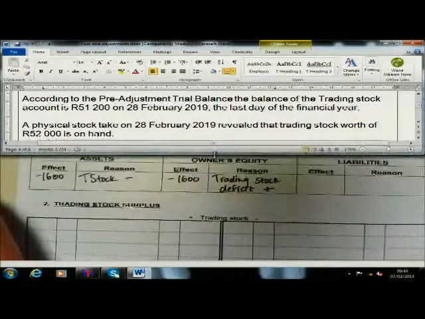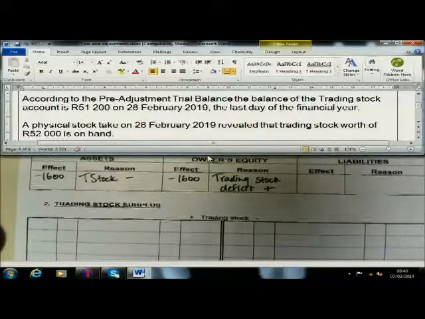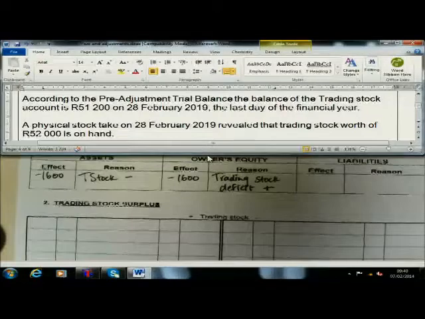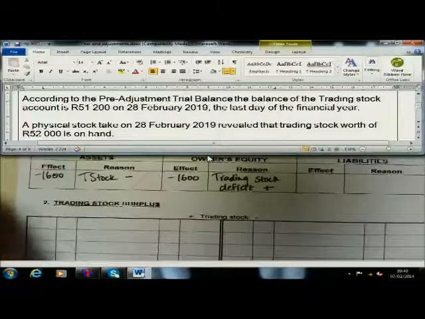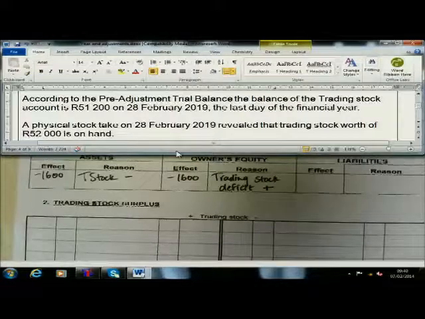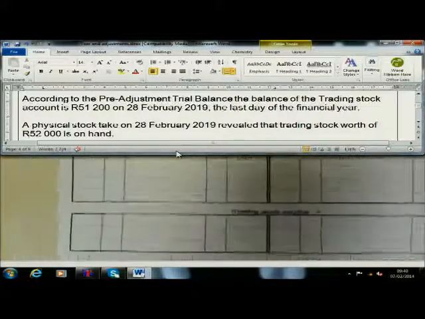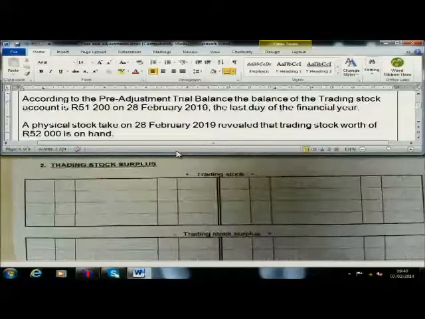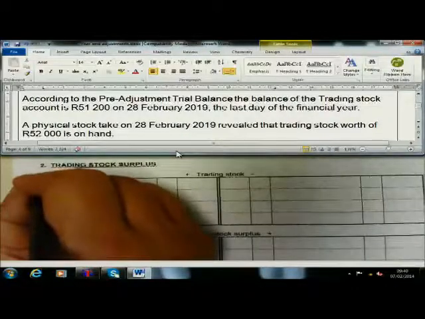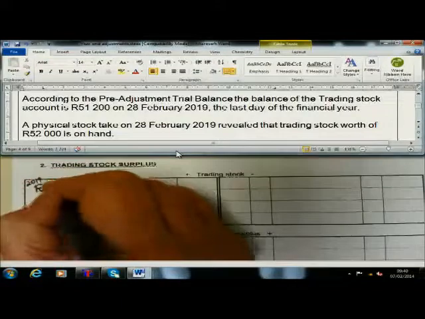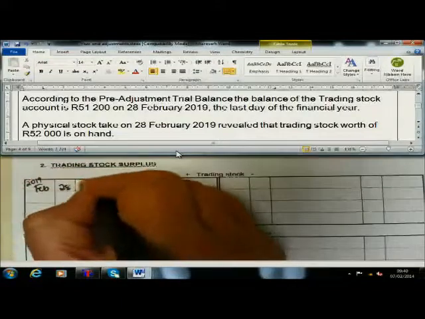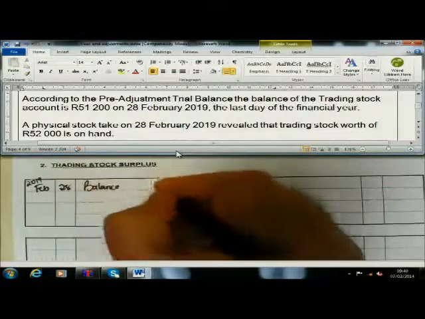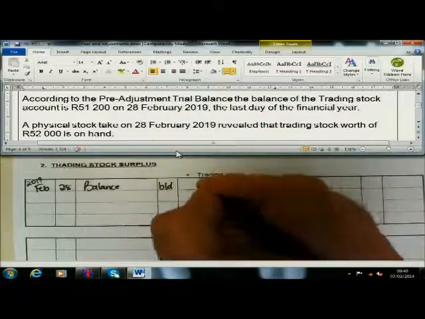According to the pre-adjustment trial balance, the balance of the trading stock account is 51,200 on the 28th of February. So now we've got new figures there. 2019, February 28, balance brought down 51,200.